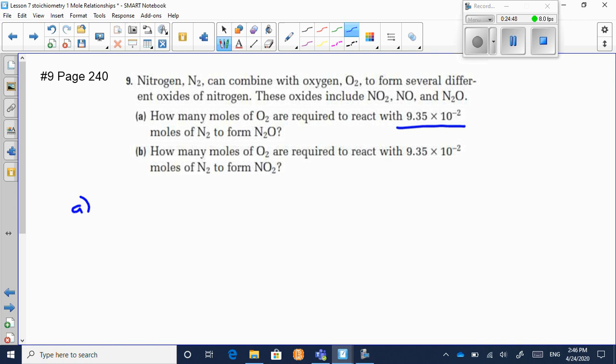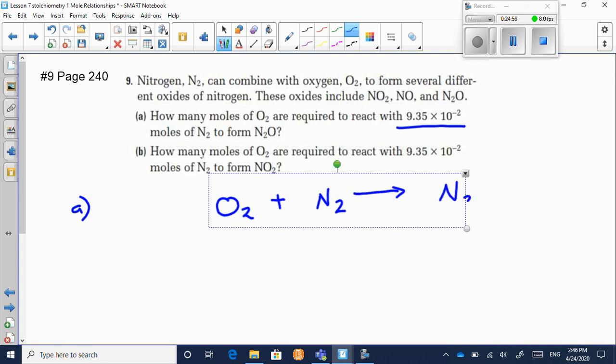So here we go. For A, we've got O2 combining with N2 to form N2O. Okay, so let's write our equation. I need to balance this. That's the first step. I can see that I'm going to have to put a 2 here because I need 2 oxygens on this side.